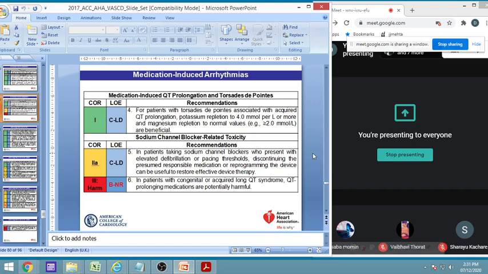Discontinuation of this medication or reprogramming the device can be useful to make the device therapy effective. So the defibrillator can many times be set with a higher current, that can also be reduced. In patients with congenital or acquired QT syndrome, QT prolonging medications are potentially harmful.